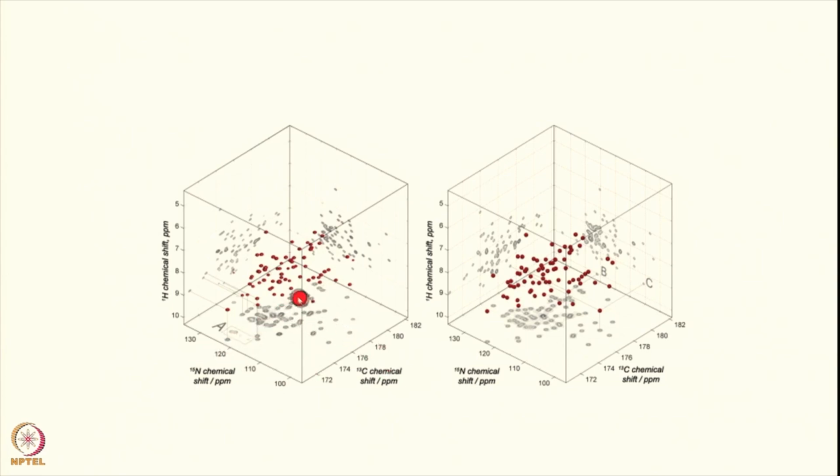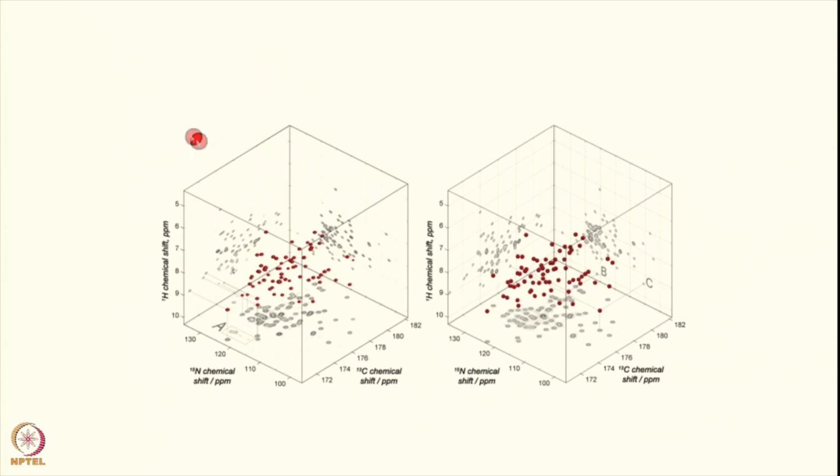If you take a projection on this plane, you will get the nitrogen 15 proton correlations. So depending upon which projection you take, you can get different kinds of correlations, and this is how the 3D spectrum looks.